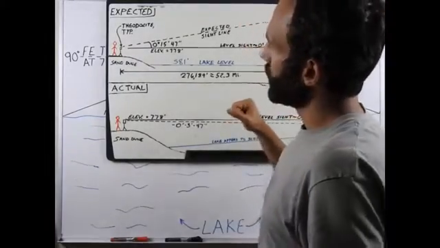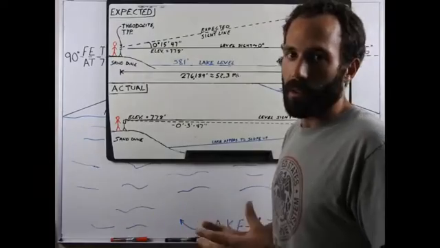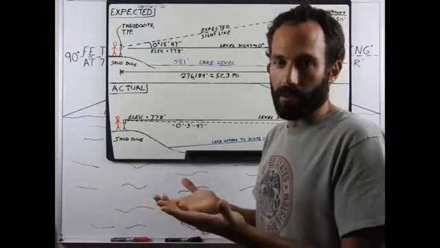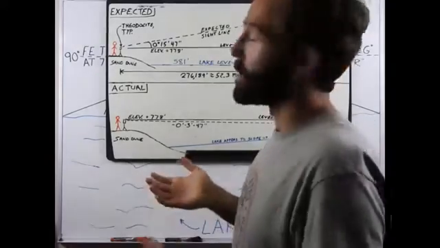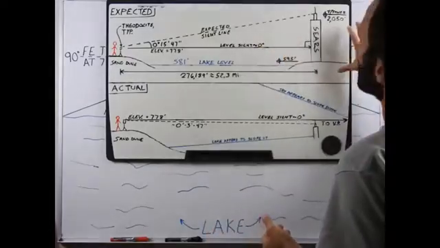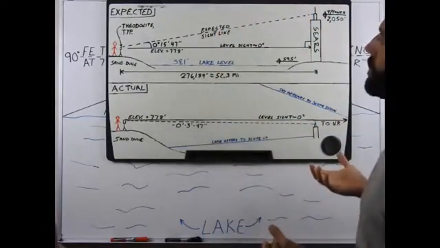If we assume, without the sloping effects of perspective on a flat surface of the Earth, the upward sloping effect, this expected drawing up here is what you would think you would see.